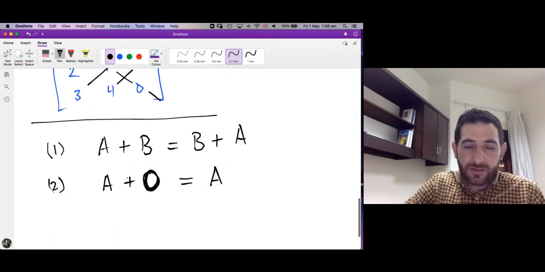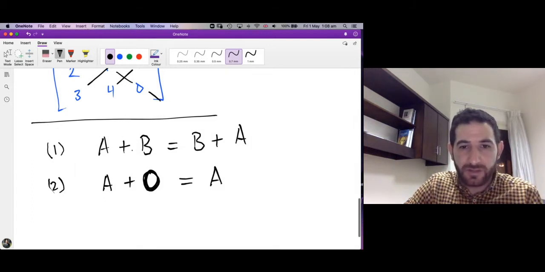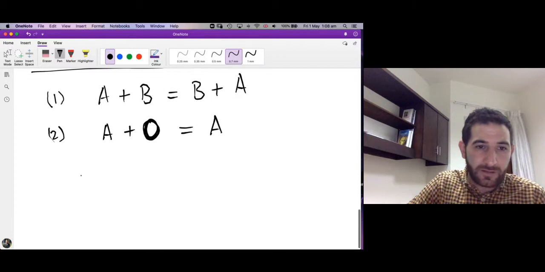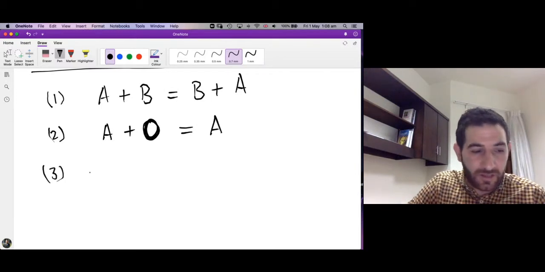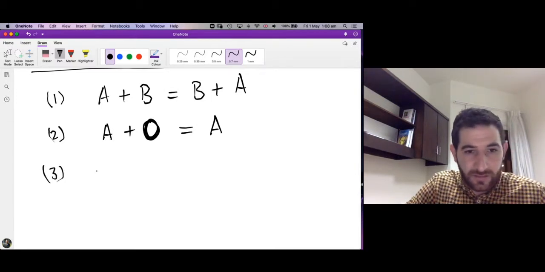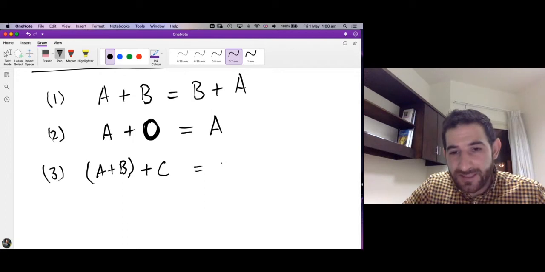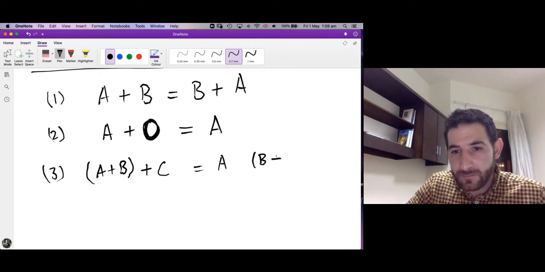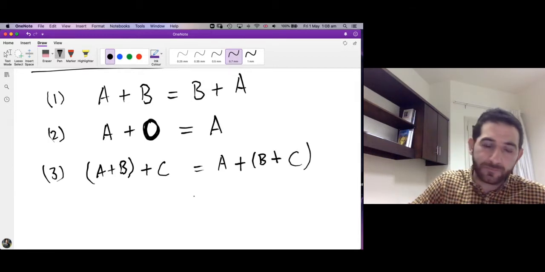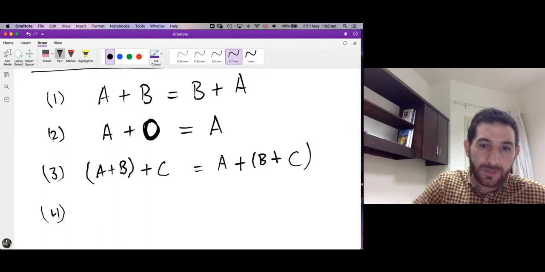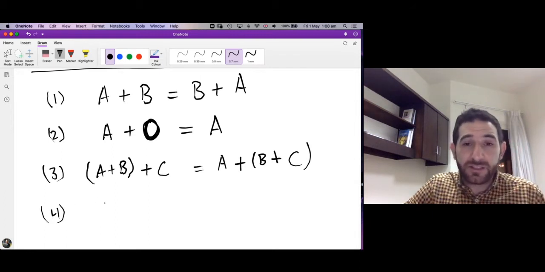Notice that here we are assuming A and B have the same dimension for addition to be defined. And third, notice that addition is associative, which means that if you add A plus B first and then add C, you get the same matrix as adding B plus C first and then you add A. Fourth, we know that multiplication is not commutative.